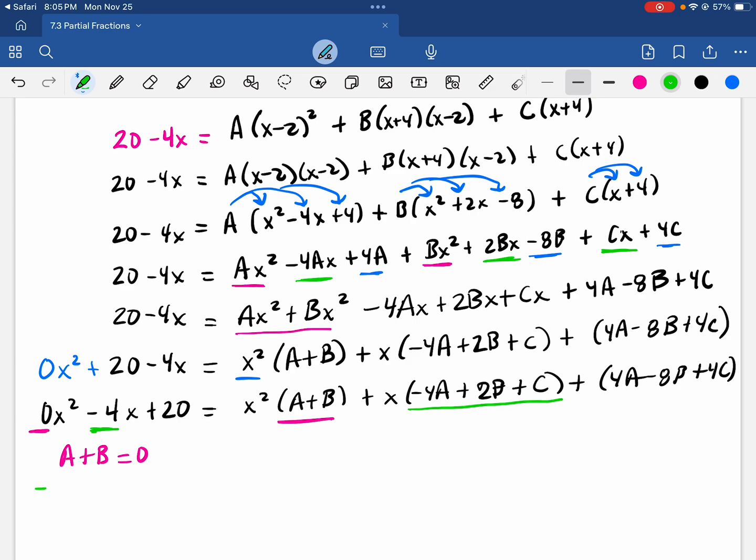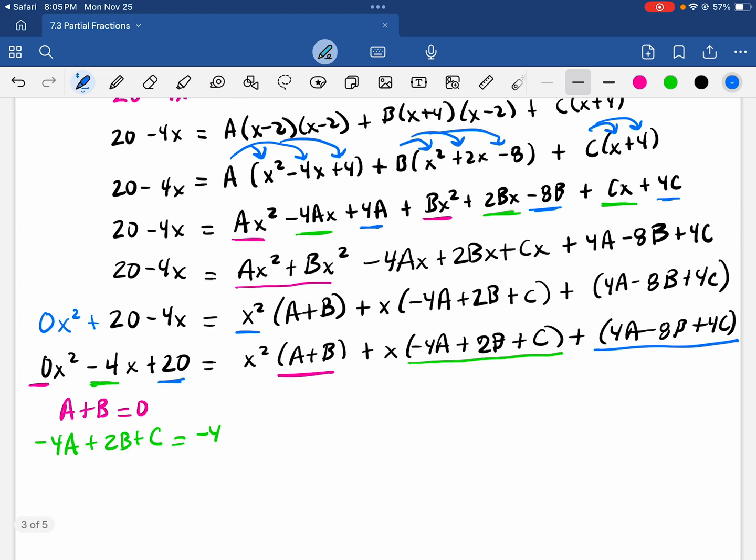So that's going to be -4a plus 2b plus c equals -4. And then I have 20, and it matches up to this last part, which gives us our third equation. So this is something we haven't seen yet, but having a system of 3 equations and 3 variables.